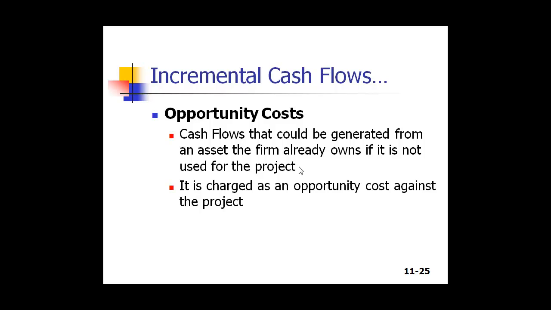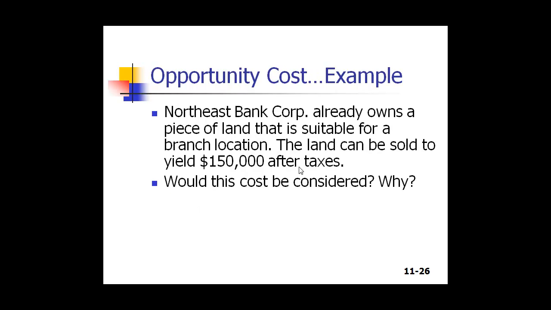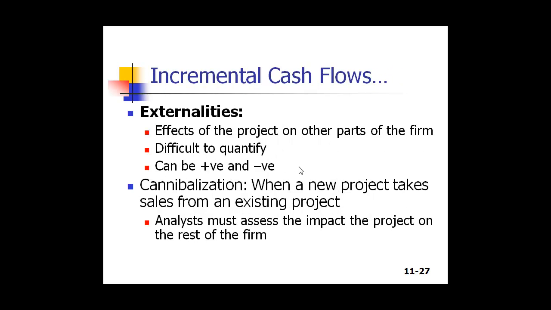In the example that I just gave you, the 60,000 should be considered, and that will correctly make the project a negative NPV project. Because the sensible thing for you to do here is not do this business and just rent the shop out for 60,000 and then spend your money somewhere else. That was my example. There is a not so good example from the book that you can also read.